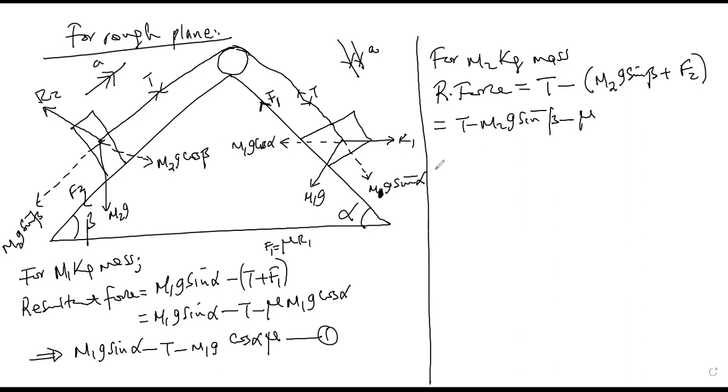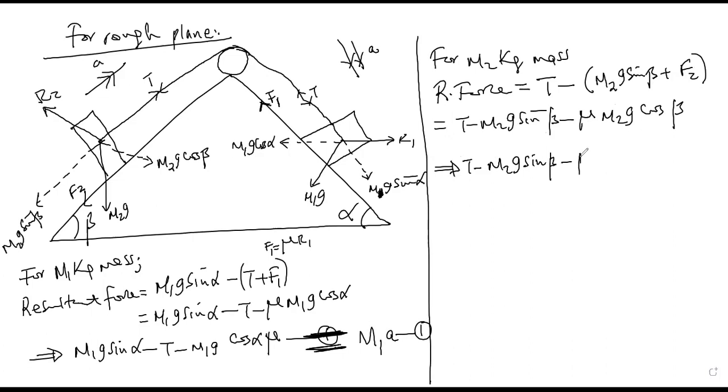The coefficient of friction on the same plane is the same. So we shall have R2 as m2g cos beta, giving mu m2g cos beta. Oh, this one I forgot to make an equation. So the first one is equal to m1a, so that it becomes my equation 1. Then for this case, it will be T minus m2g sine beta minus mu m2g cos beta equal to m2a.